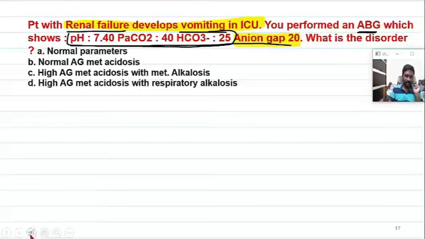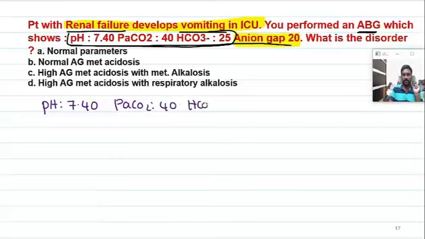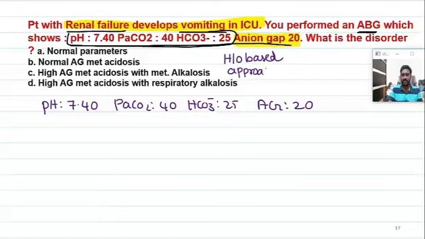Let me write down the parameters and explain it better. pH 7.40, PaCO2 40, bicarbonate 25, and anion gap is 20. Whenever they give you an ABG, you should go with the history based approach first. Next will be the ABG based approach.